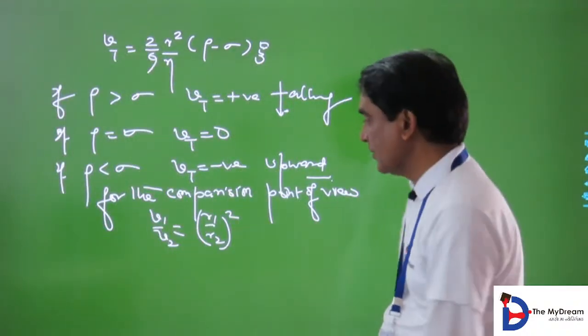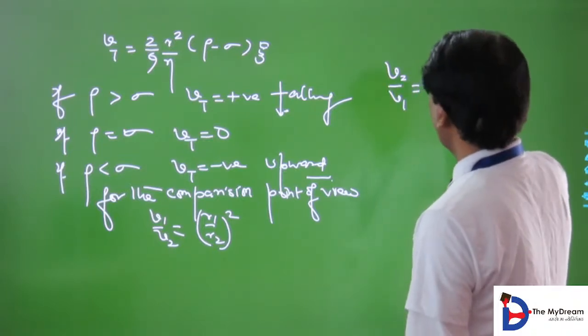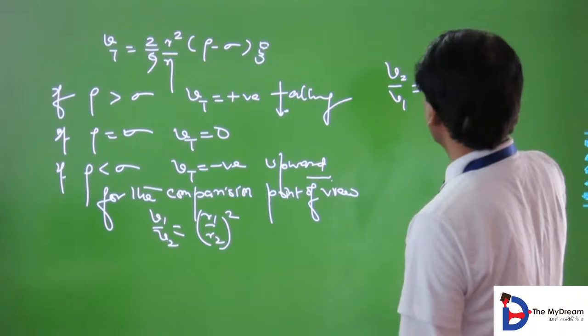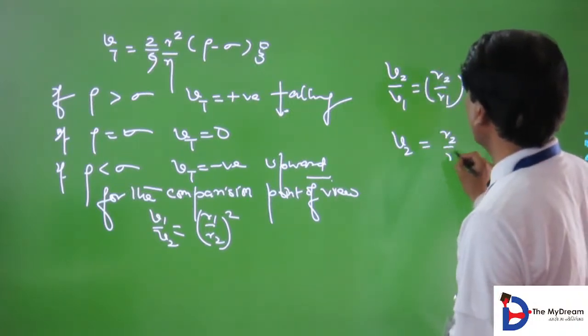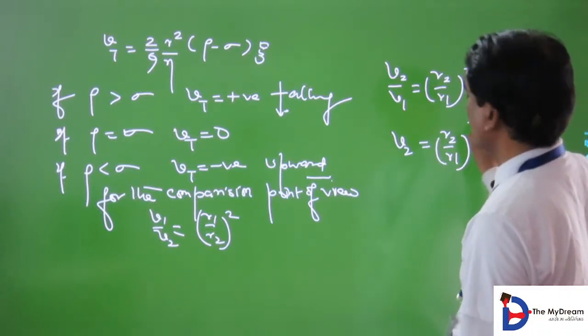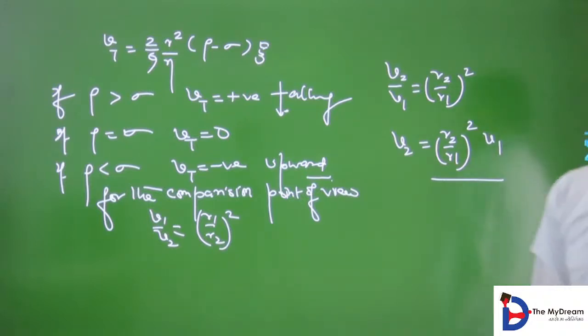From the comparison point of view, V2 by V1 is R2 by R1 whole square. So V2 is equal to R2 by R1 whole square into V1, this is our terminal velocity.